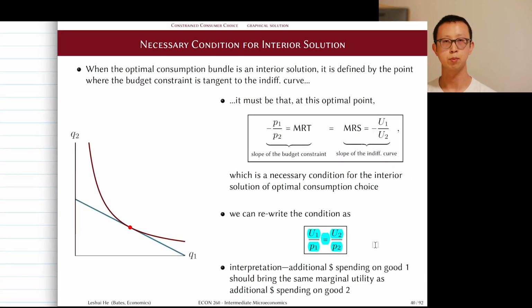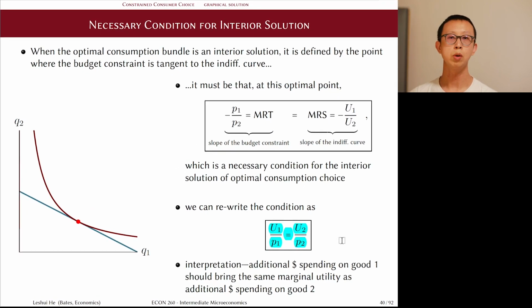And that is the condition we listed on the right-hand side. Now let's think about this expression a little bit more. U1 over P1 or U2 over P2 have a very intuitive interpretation. U1 is the marginal utility. It tells us the utility I would receive from one additional unit of the good. Let's say 10 extra utilities from one extra apple. But if each apple costs me $2, then how much extra utility can I get if I spend an extra $1 on apples?